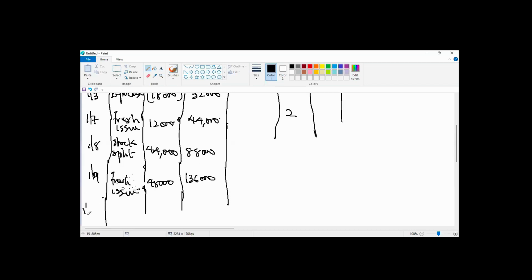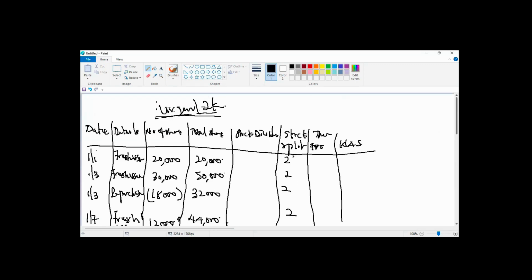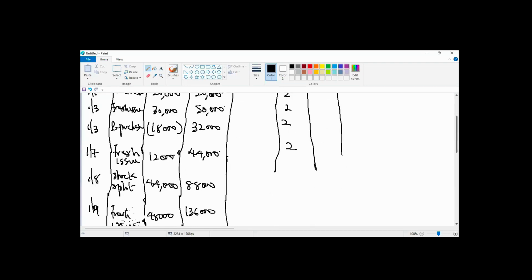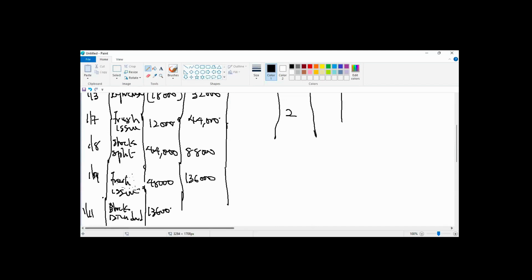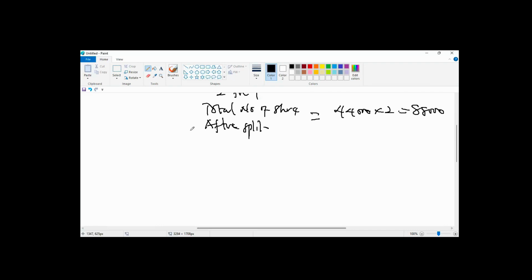Then 1st November. 10% of this will give me 13,600. No dividends. Ten percent, 1/10.